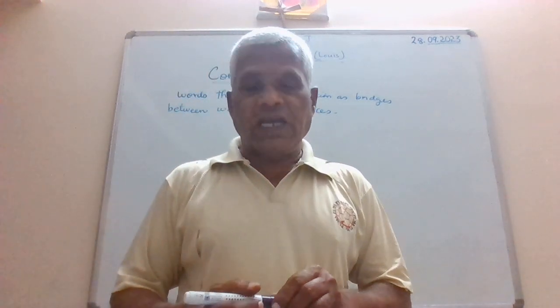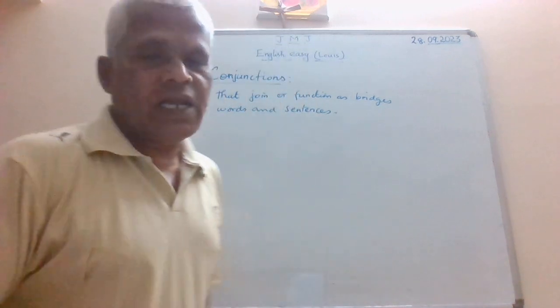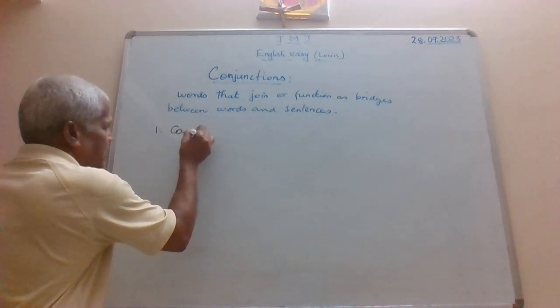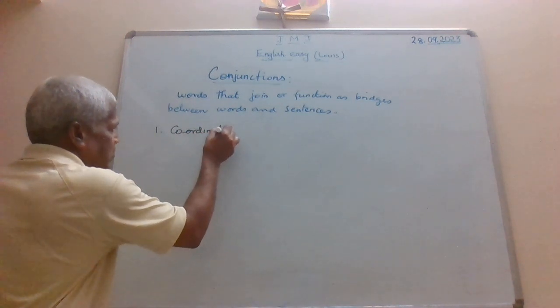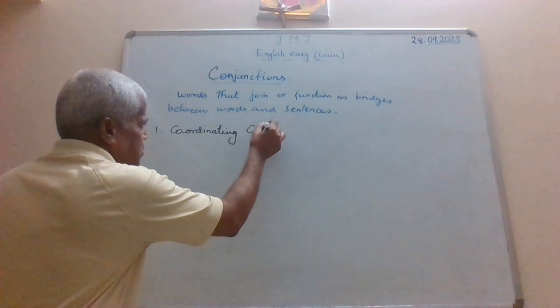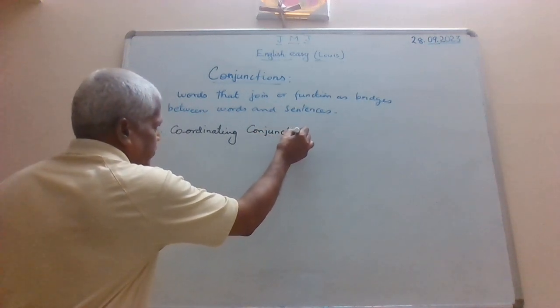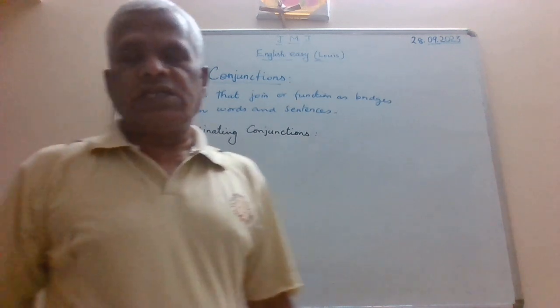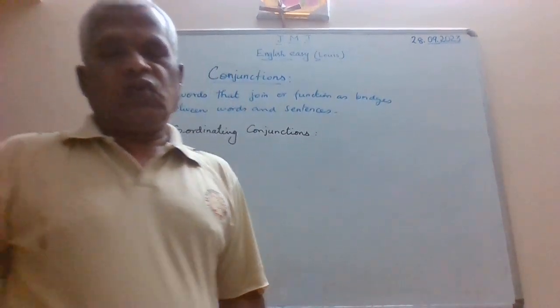The first category of conjunctions are called coordinating conjunctions. Now what are these coordinating conjunctions? There are very few of them.